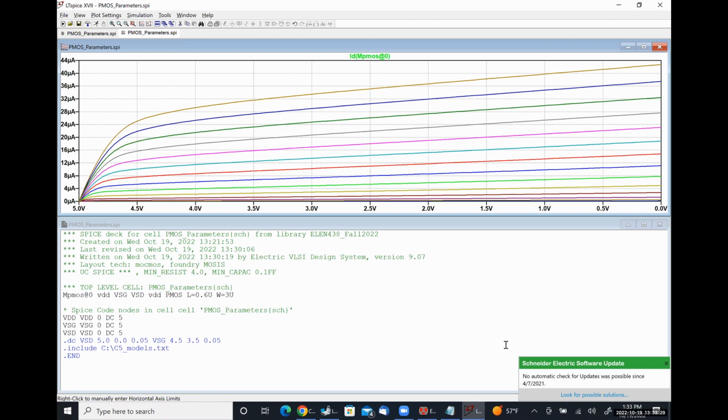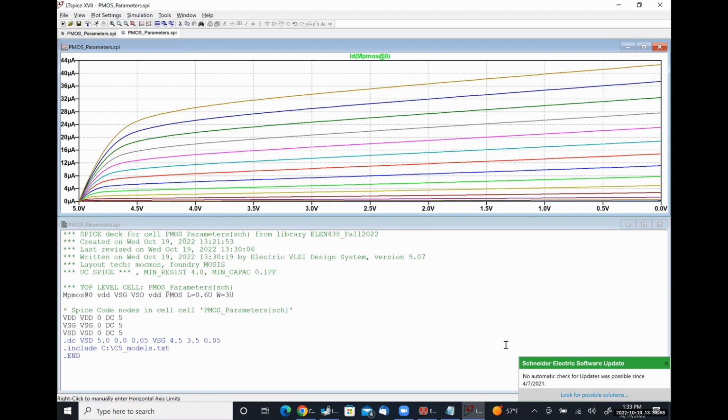And then from that, we would try to extract our parameter for mu P Cox. And once we know what that is at the edge of saturation, we can try to figure out what a reasonable guess is for our lambda P. So lambda N is that. So let's do just that.